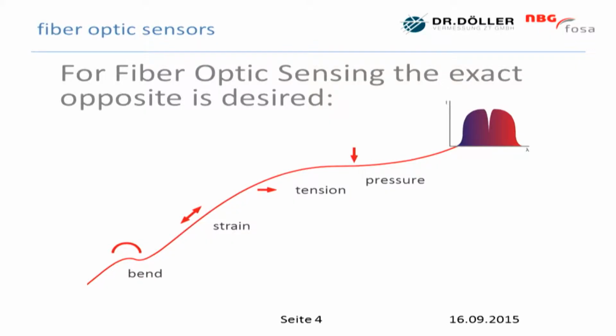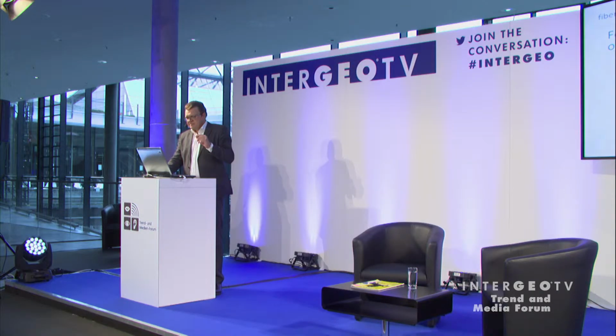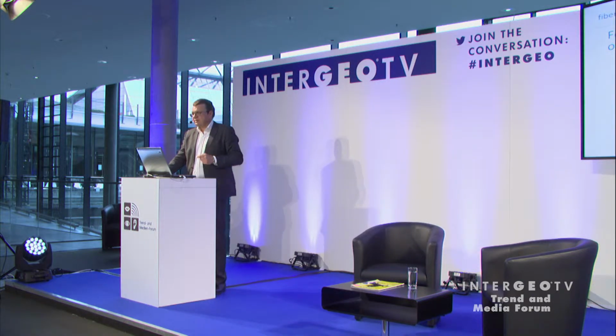But for surveying, for sensing use of FOS systems, we look for that bending, straining, the influence of tension and pressure on the cable. So we make those distortions, those circumstances, measurable.